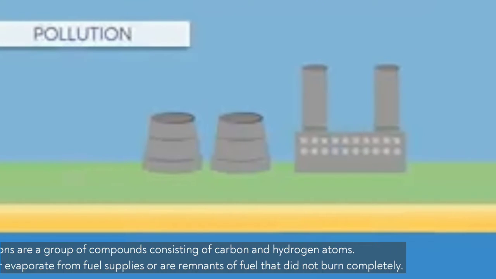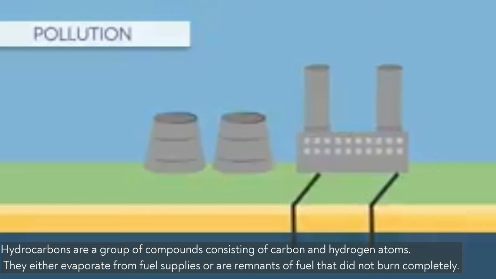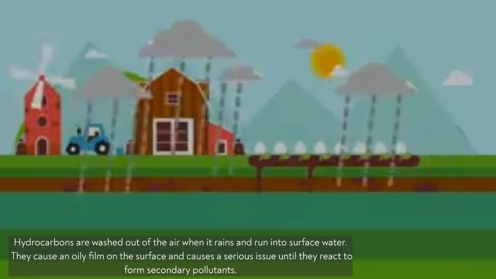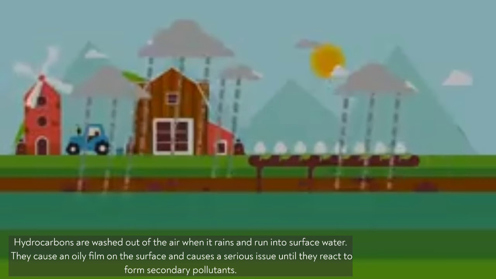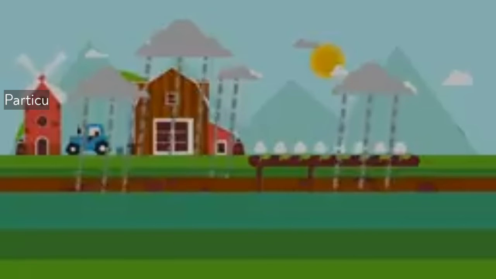Hydrocarbons are a group of compounds consisting of carbon and hydrogen atoms. They either evaporate from fuel supplies or are remnants of fuel that did not burn completely. Hydrocarbons are washed out of the air when it rains and run into the surface of water. They cause an oily film on the surface and cause a serious issue until they react to form secondary pollutants.